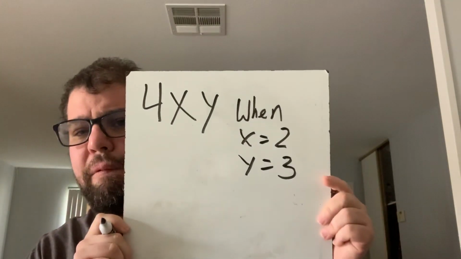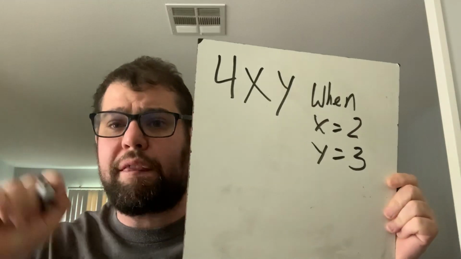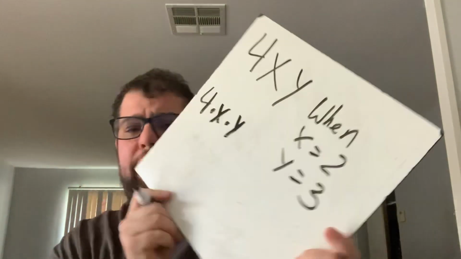Let's check one other one. This one's a little bit more difficult. This time we have the problem 4xy. Now, again, one thing at a time, and it's pretty easy. 4xy really means 4 times x times y.